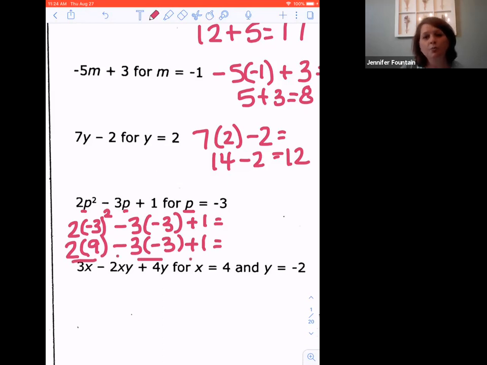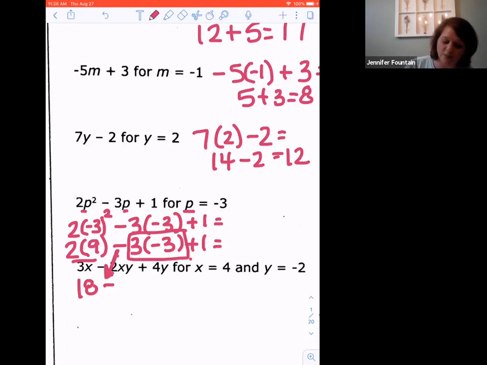So I can do both multiplications in the same step. 2 times 9 is 18. Then I'm going to keep my minus sign there. Since I have transferred my minus sign there, I'm only going to be multiplying 3 times -3. Since I have moved this negative sign down, I'm not keeping that negative with my first -3.